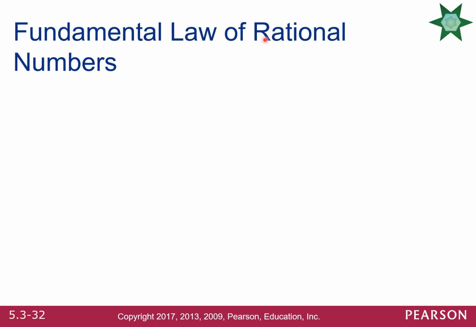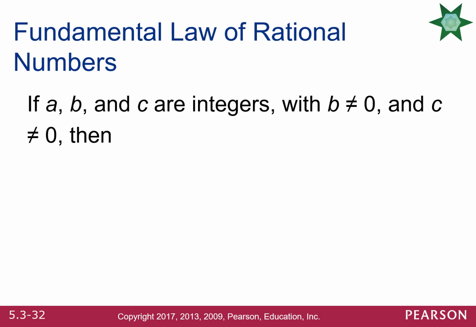We'll talk about the fundamental law of rational numbers and understand the concept of what's called equivalent fractions. Okay, so it says here if a, b, and c are integers with b not equal to 0 and c not equal to 0, and that immediately tells us, even though we don't see any fractions here, that b and c would be denominators, all right, because denominators cannot be 0.